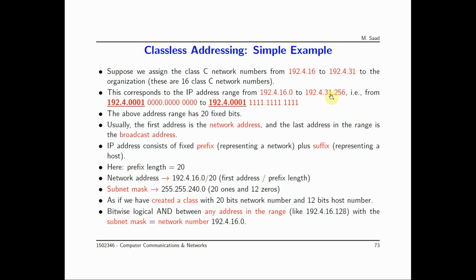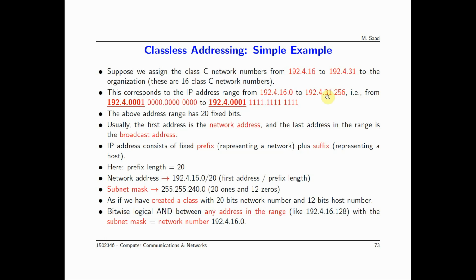So let's convert it into binary. 16 in 8-bit binary is 0, 0, 0, 1, 0, 0, 0, 0. This 1 followed by 4 zeros is 16, and to complete the 8 bits, we have to put 3 zeros to the left here. So this binary sequence, the third octet, is the equivalent of the decimal 16.